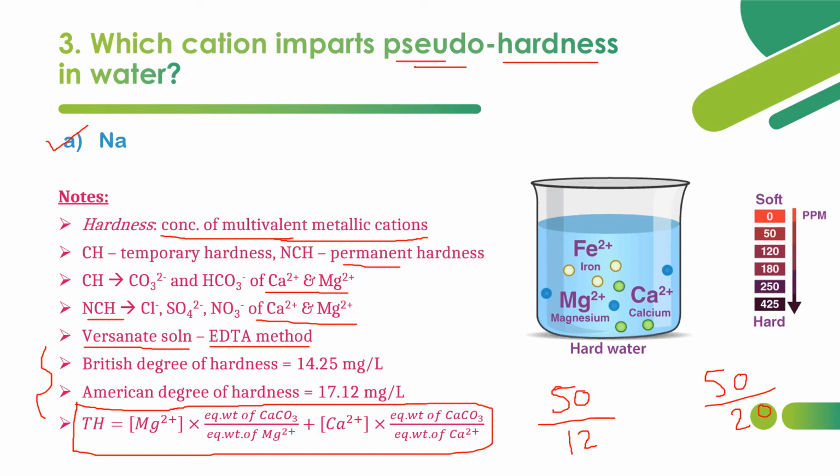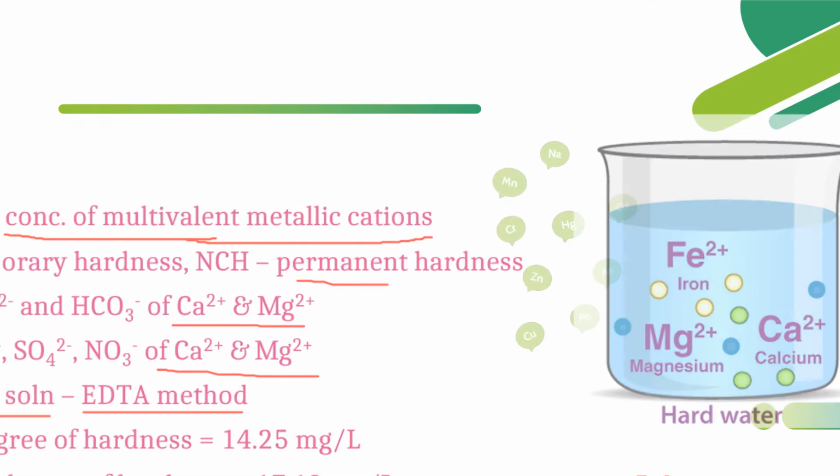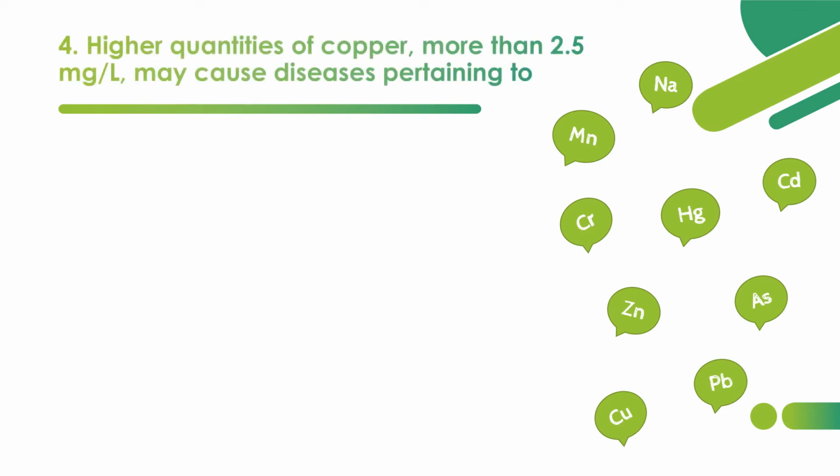Now let's move on to the fourth question. The fourth question is based on metal impurities imparted in water. Here they are discussing copper, when it contains more than 2.5 milligram per liter, that may cause diseases pertaining to whether it is kidneys or lungs. Option C arsenic. Option D liver.